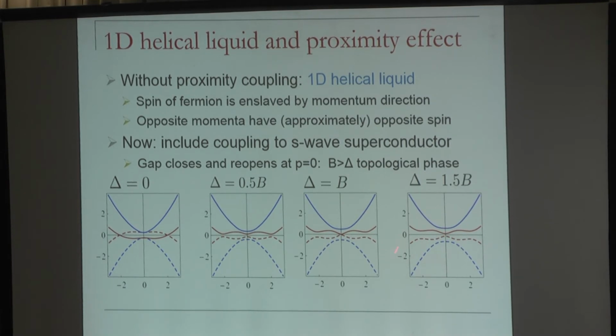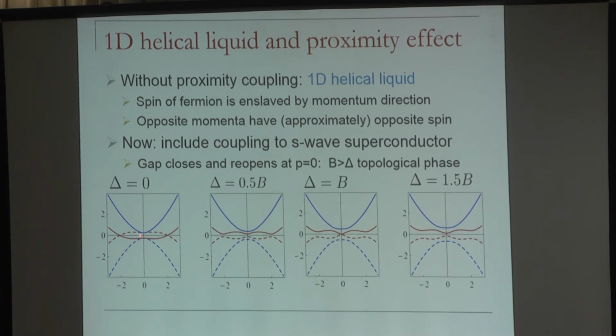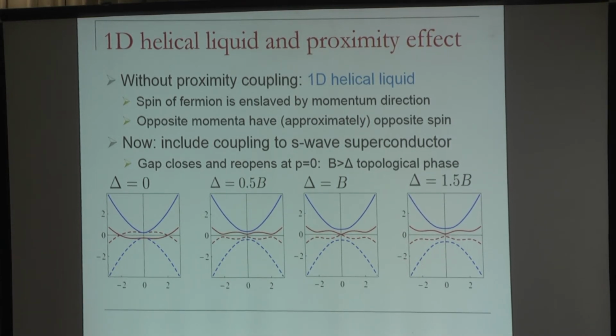And it will turn out, we will see this, that for B larger than delta, on that side here we have a topological phase, on that side we have a topologically trivial phase. So that means on this side here we will have Majorana bound states once we cut such a nanowire. This we will now see in formulas, but that's really the picture behind. So this gap closing and reopening at 0 momentum will be the crucial thing that helps us to identify this transition.